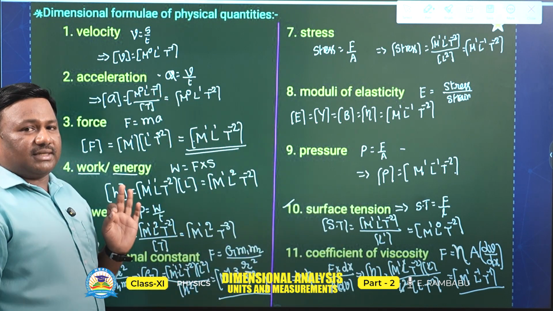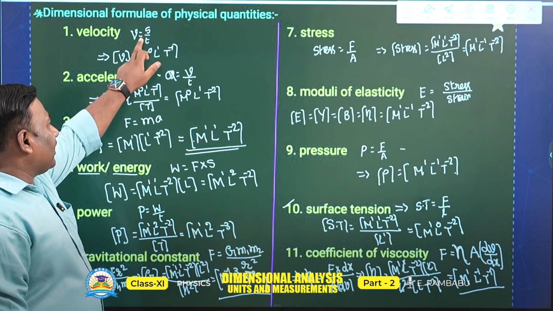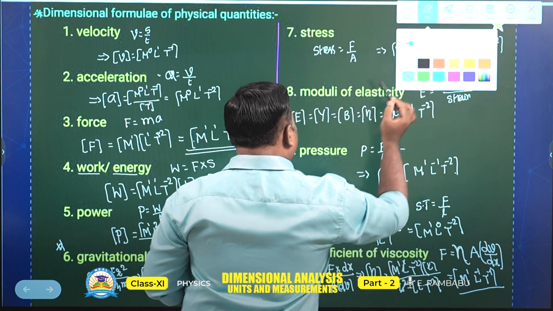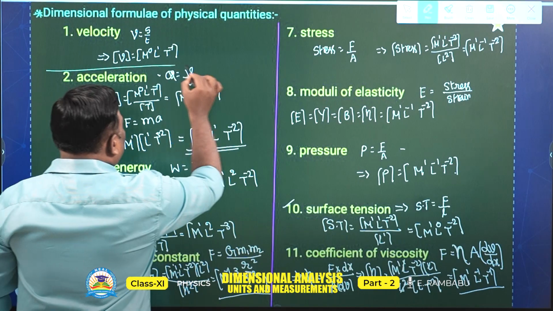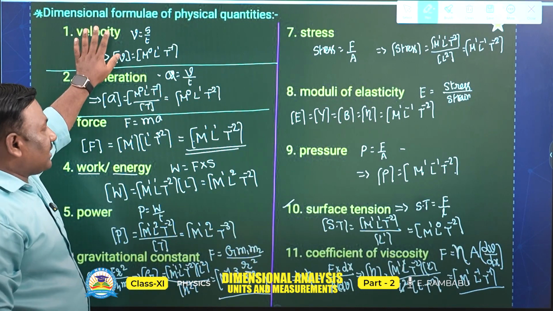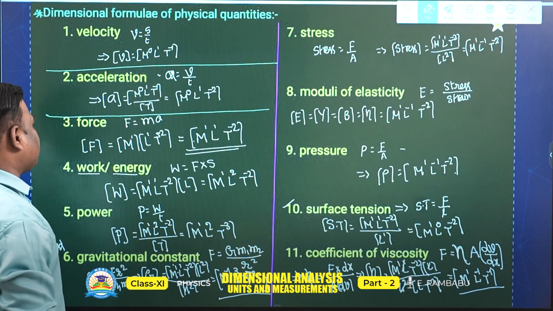Correct? The procedure for calculating a dimensional formula is that you need to remember the basic formula. Once you know the basic formula, calculating the dimensional formula is very easy. First one is velocity. The dimensional formula for velocity is calculated from the rate of change of displacement.